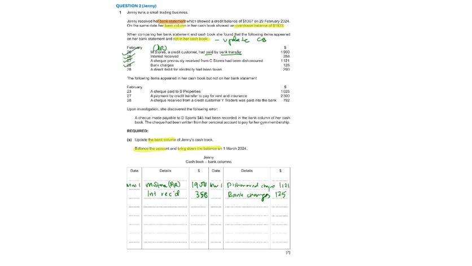Last one. Direct debit for electricity had been taken. Where do you put that? Are you paying for electricity or are you receiving money for electricity bill? You use electricity, you're not getting money, right? You are paying. This is a terminology saying that it's actually a standing instruction to your bank to make payment directly for the electricity bill.